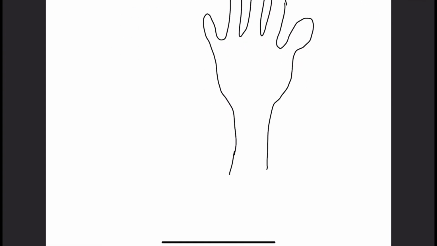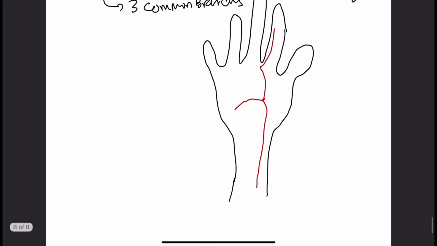This is your superficial arch, and now this would be your one common branch, second common branch, third common branch, and a proper branch.